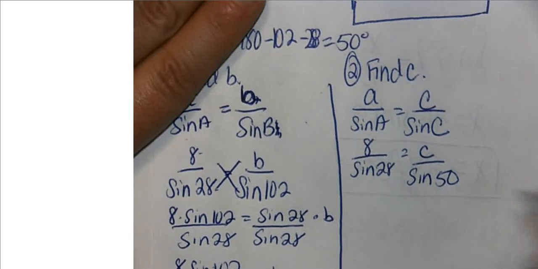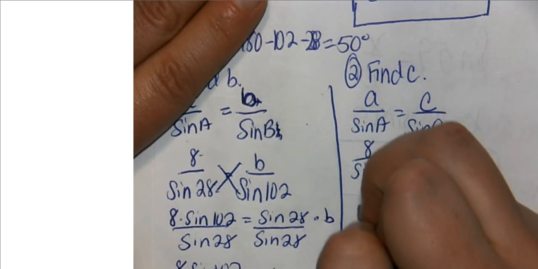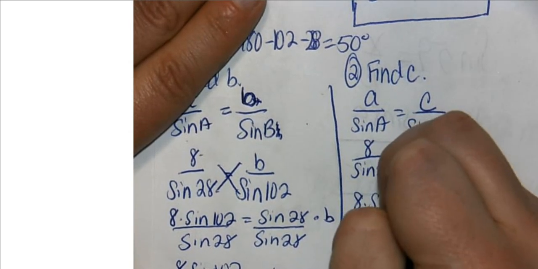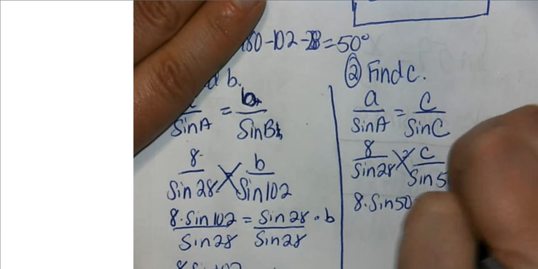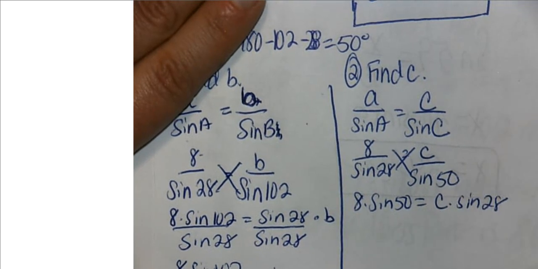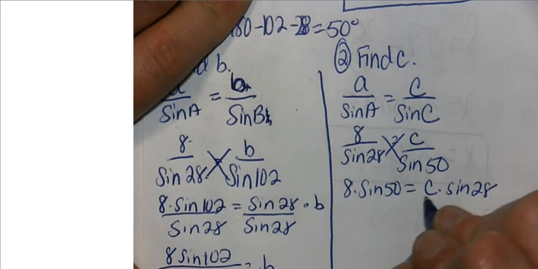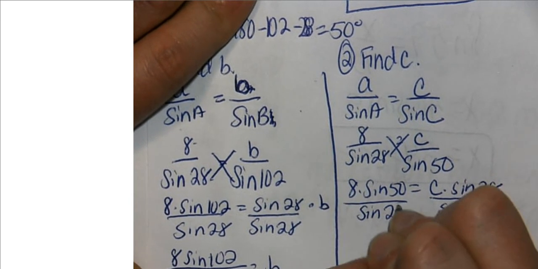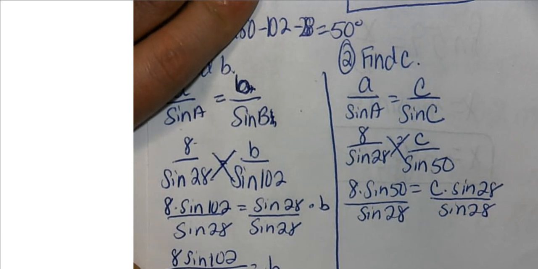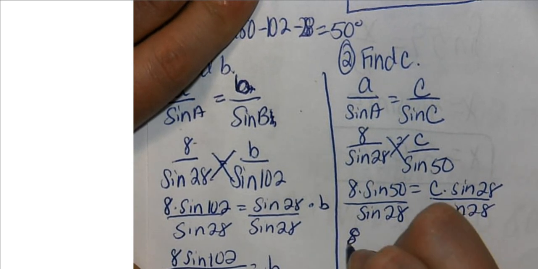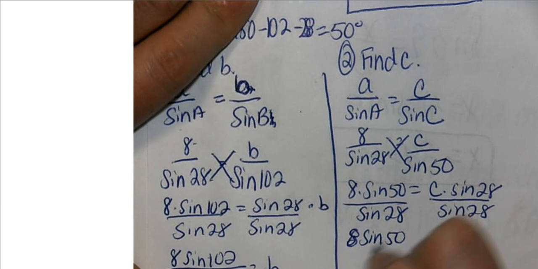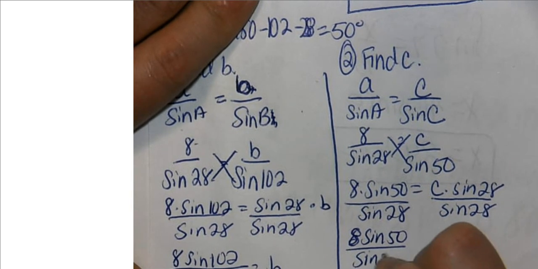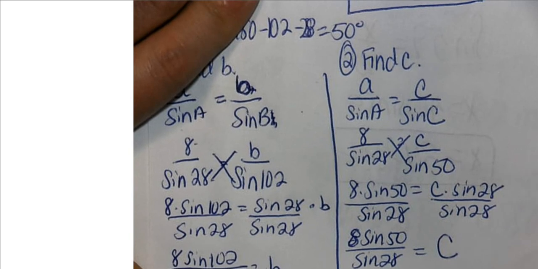So I'm going to use cross product. So I have 8 times the sine of 50 is equal to c times the sine of 28. I'm going to divide both sides by the sine of 28. And when you do that, I'm going to put 8 times the sine of 50 divided by the sine of 28 into my calculator, and that's going to give me little c.